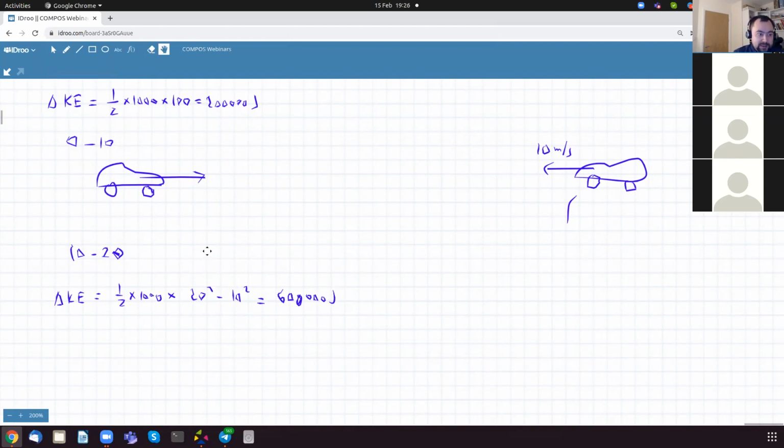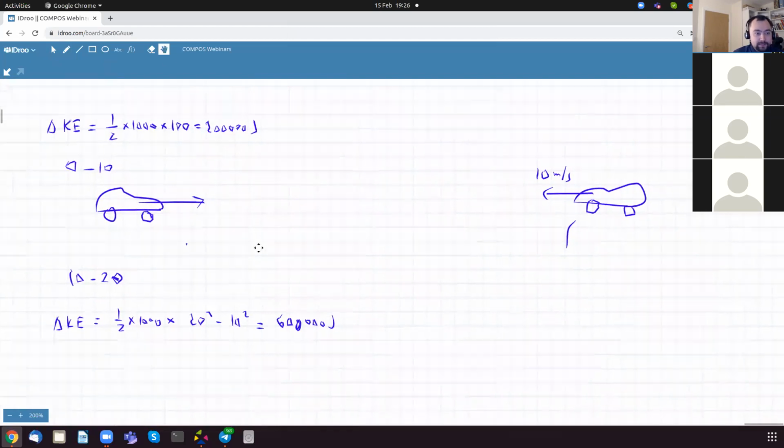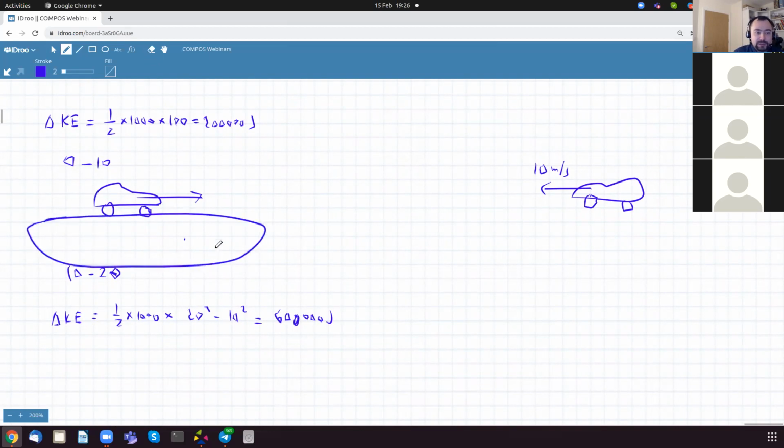Now the thing is that when you are sitting in the car, the ground is moving. The planet Earth on which the car is sitting, it's moving. And when the planet Earth is moving, the car causes the planet to slow down. It's a very insignificant change for the planet, but that does account for the difference in kinetic energy. Wait, say that again.